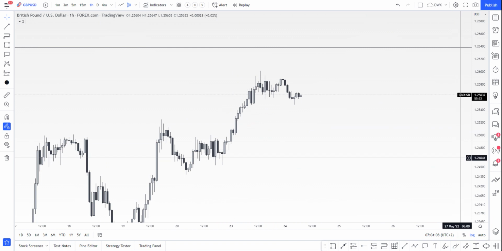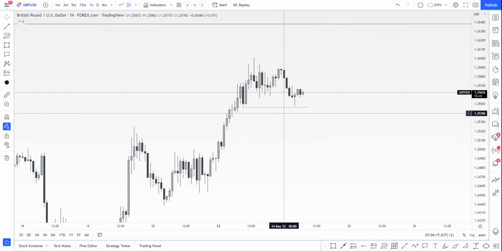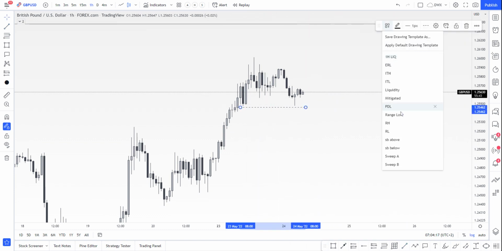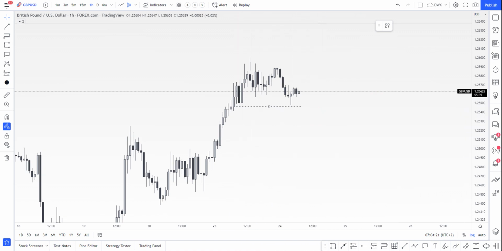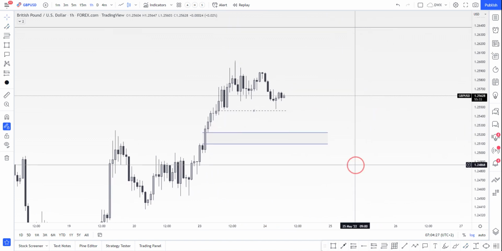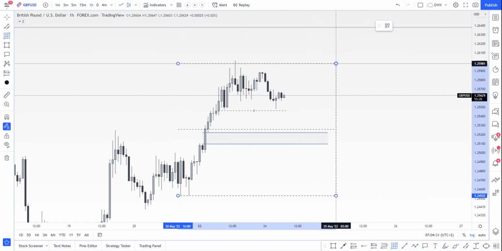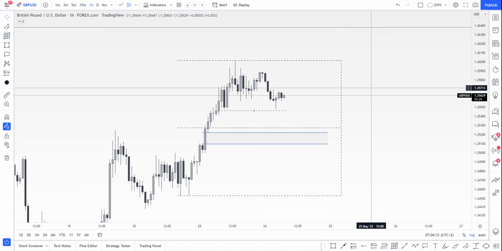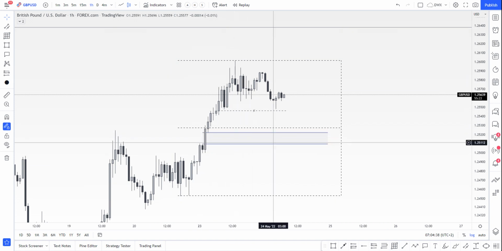So identifying where do we have that currently? Currently we have these equal lows, liquidity, relatively equal lows. And we have imbalance down here below. And then we could just place a tool and see that this is currently the range, the low and the high, and this would be discount in this range towards the upside.